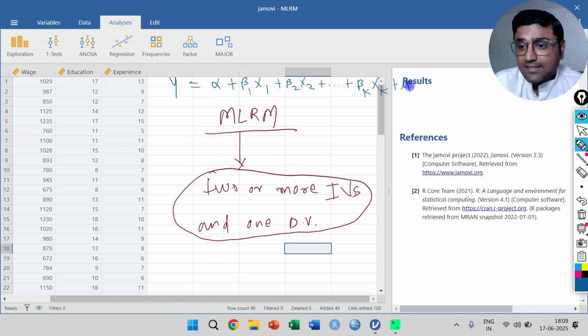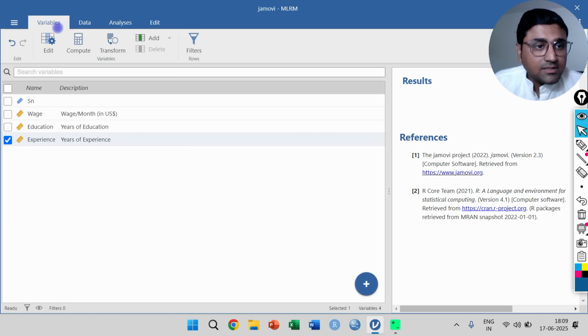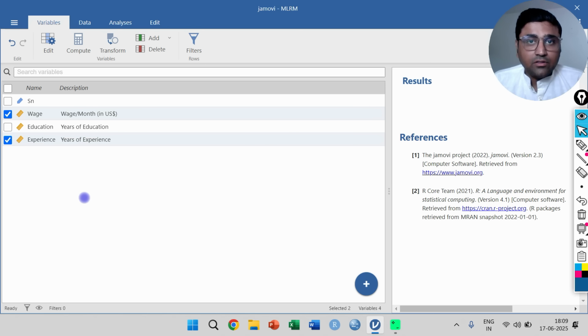Now let's understand this data set. Here I have three variables: wage rate, that is wage per month in US dollars, education, that is years of education, and experience.